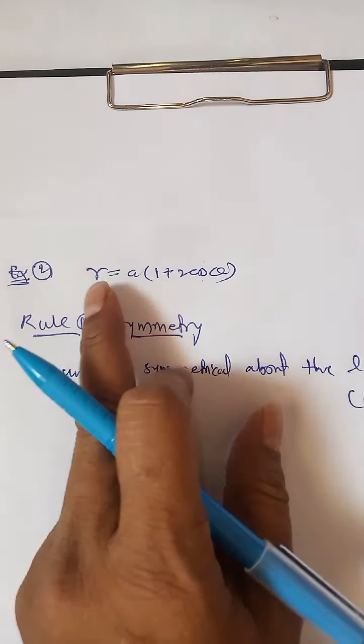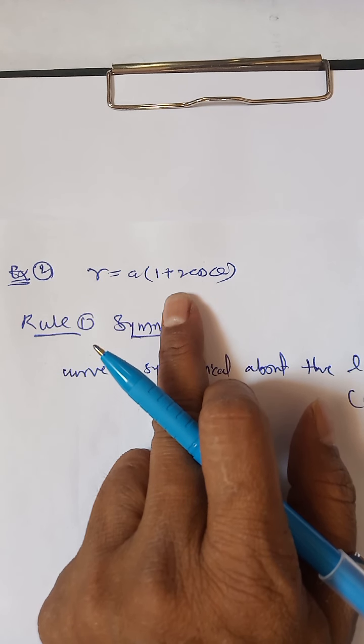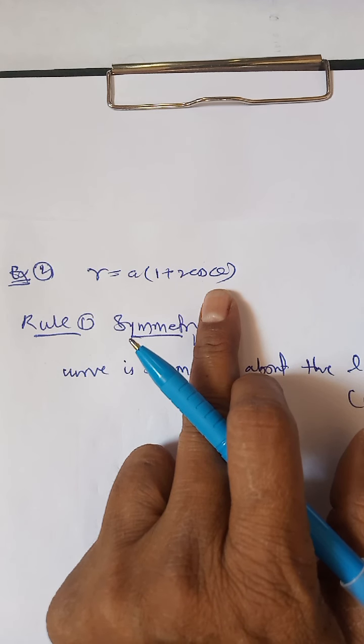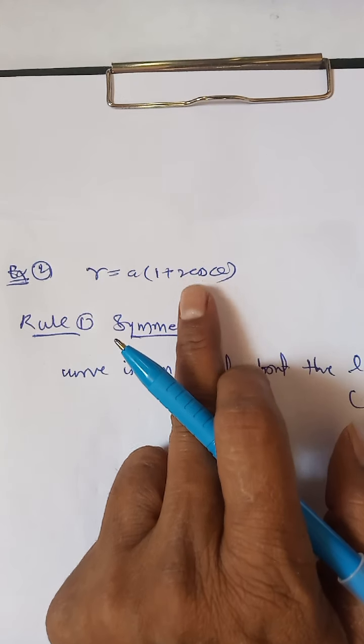Right? If I replace r by minus r, the equation will change, so there is no symmetry about the pole. If I replace r by minus r and theta by minus theta simultaneously, still the equation is changing, so there is no symmetry about y-axis. But we have an equivalent rule to get the same symmetry: replace theta by pi minus theta.